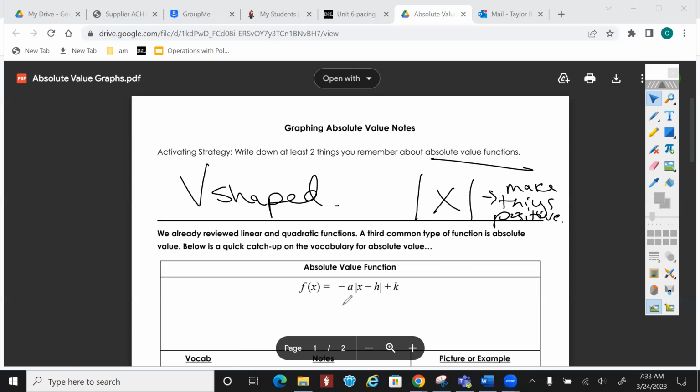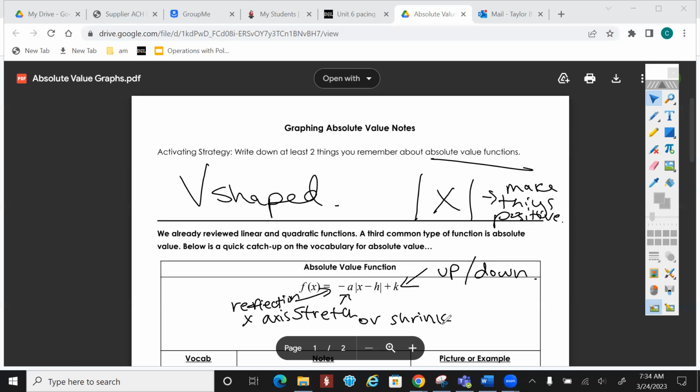All right, so for the transformations that happen in here, very similar to what we've seen in the past, A is going to deal with our up, down. A is going to deal with our stretch or shrink. And that negative is going to be a reflection across the x-axis.